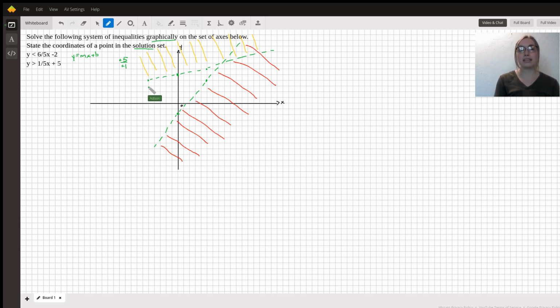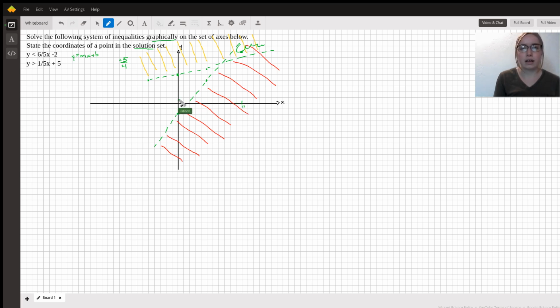Now, second, we need to find a solution set, which just means what is one of the points where these two red and yellow regions intersect, which is going to be in this area right here. So if we just look at it, we see that this right here is one of the points, which is going to be 1, 2, 3, 4, 5, 6, 7, 8, 9, 10, 11.